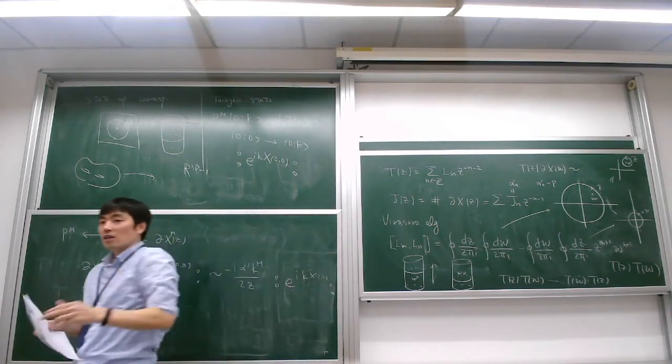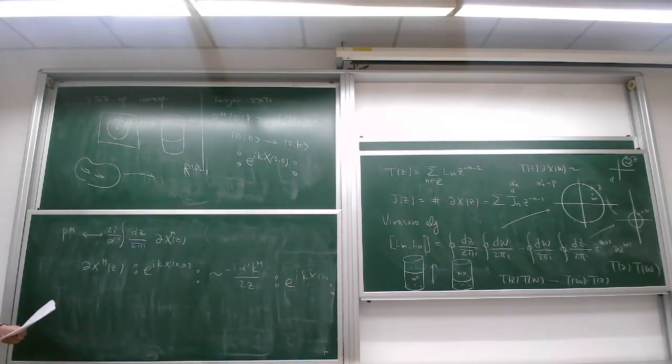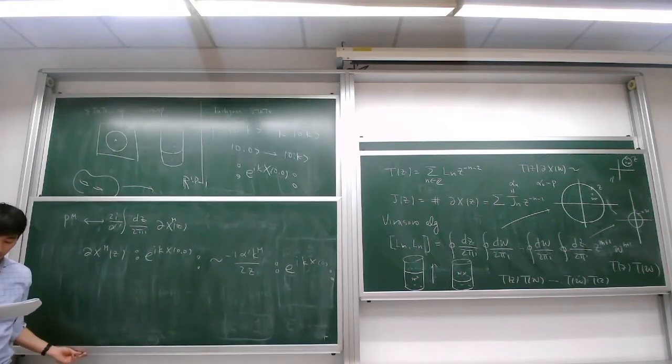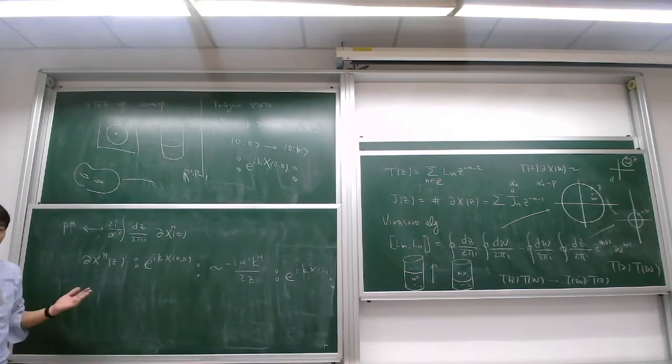So you can easily guess, and then just check by using the OPE. So the OPE is very, very fundamental. Essentially, in 2D CFT, what you first do is just do the calculation of the OPE and then do the contour integral. That's all you need to do to get the physical quantity.